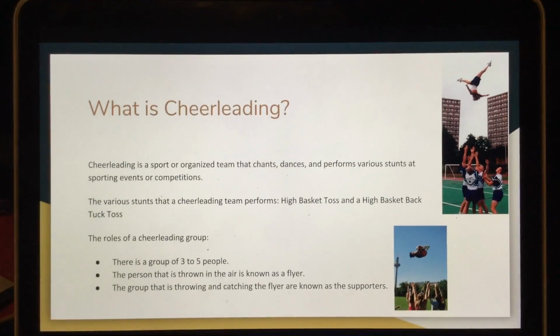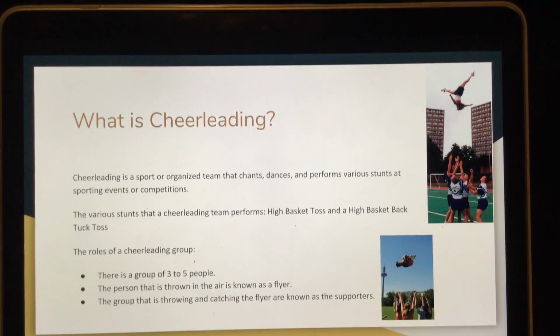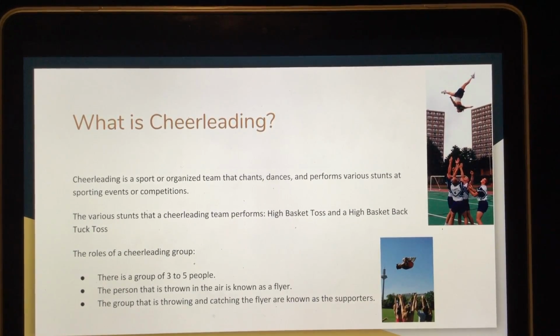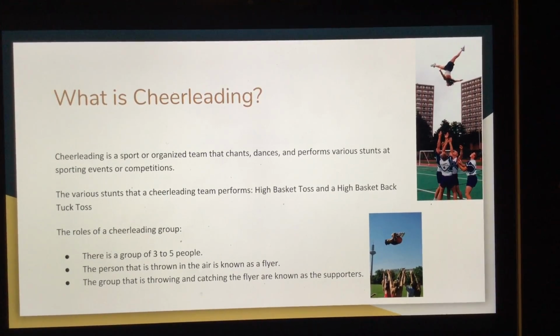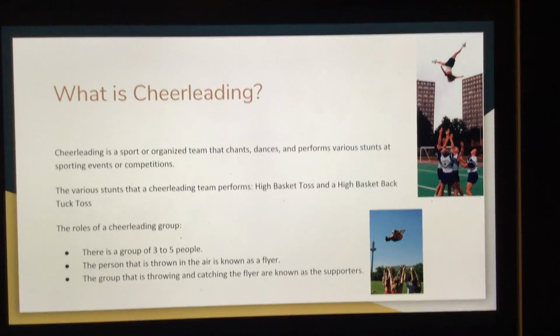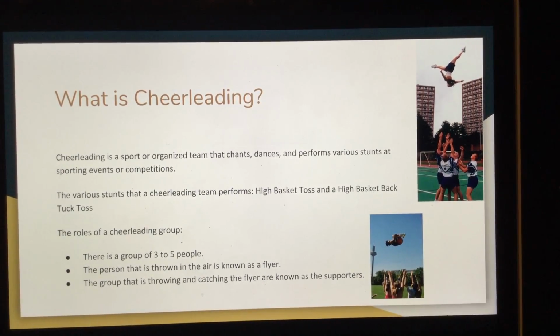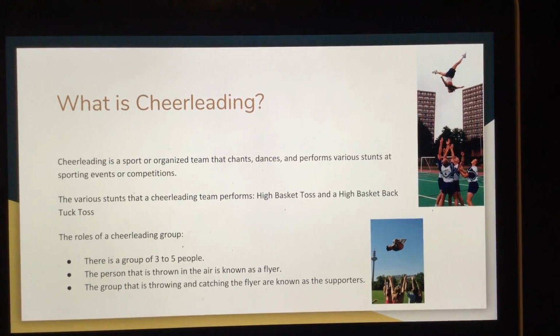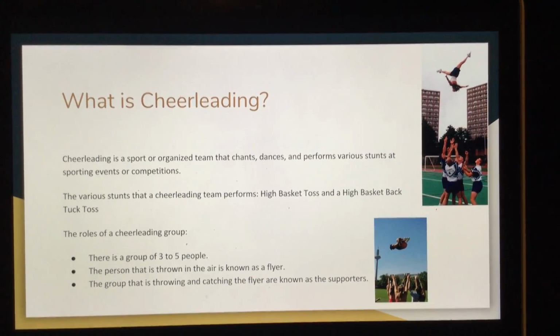The various stunts that a cheerleading team performs are known as the high basket toss and the high basket back tuck toss. The first image on the right is the high basket toss. I couldn't find an image where they started from the bottom of the movement and then moved up to where the flyer is now.